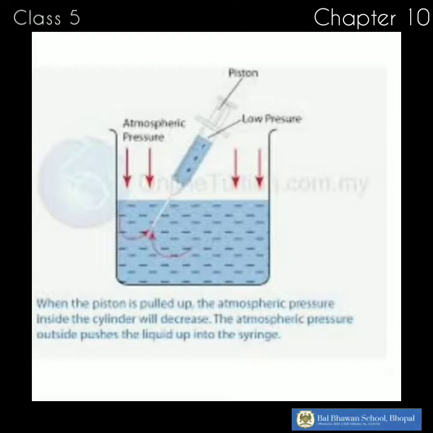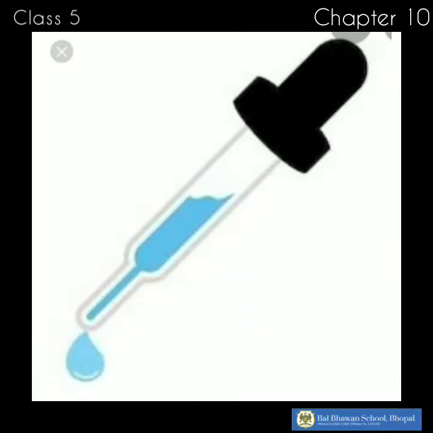The atmospheric pressure outside pushes the liquid up into the syringe. You can understand this from this diagram. This is another important use of atmospheric pressure. Always remember that it always travels from higher pressure to lower pressure.